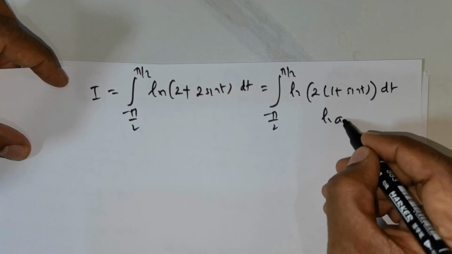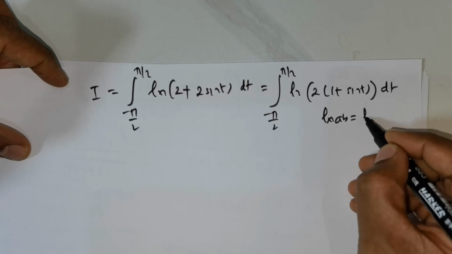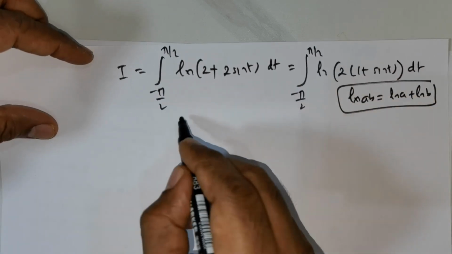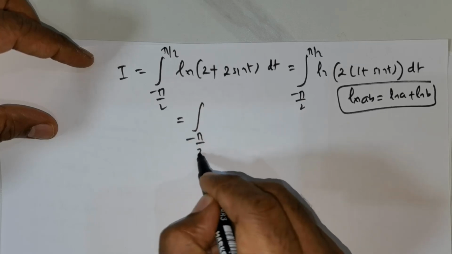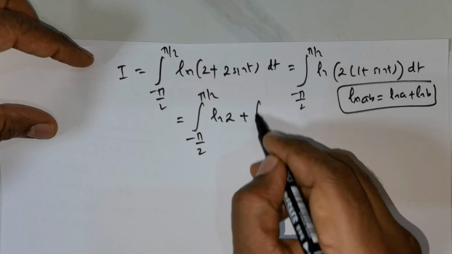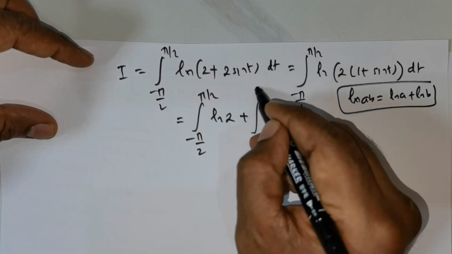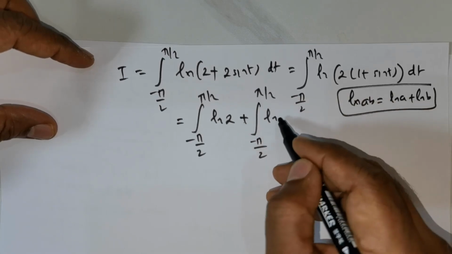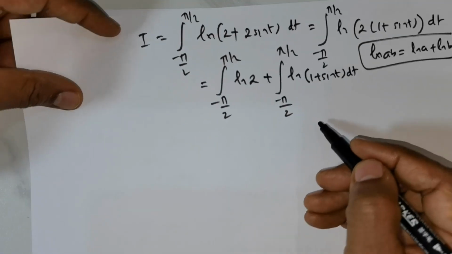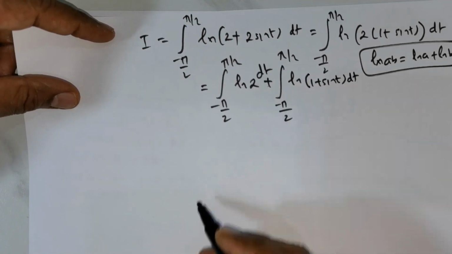Now I know the formula ln of AB is equal to ln A plus ln B. By that formula, this is now the integral from negative pi over 2 to pi over 2 of ln 2, plus the integral from negative pi over 2 to pi over 2 of ln of 1 plus sine t times dt. Now this is with dt, right?